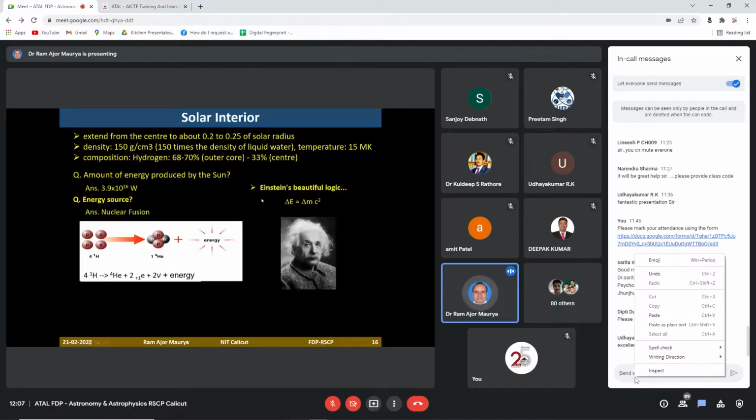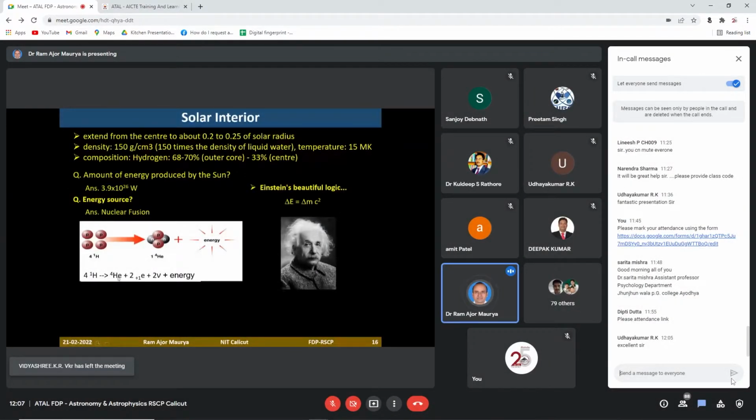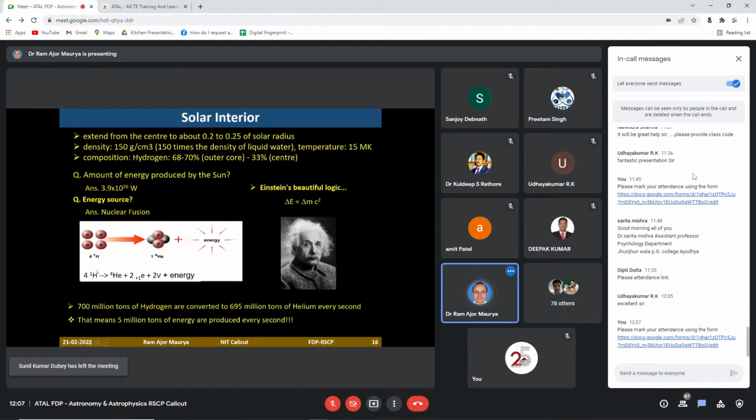If you find the mass difference between the four hydrogens and the helium, then you will get the delta m, and then multiplying this with the speed of light squared, you will get the energy, how much energy we will have from one reaction. Based on this, you can find how much hydrogen is being converted into helium every second.